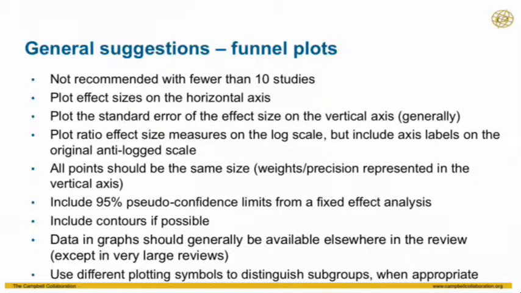Actually, I didn't mention this, but something that you can do with funnel plots that can be useful is that if you do have a grouping variable that you think might help explain some of your asymmetry, you may use different plotting symbols for the different types of studies. For instance, if you conduct a review and you've included RCTs and quasi-experimental studies, maybe you think that the asymmetry that you see is due to the quasi-experimental studies.